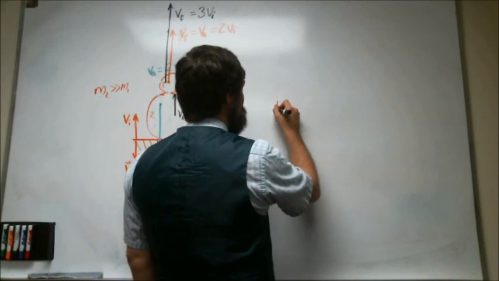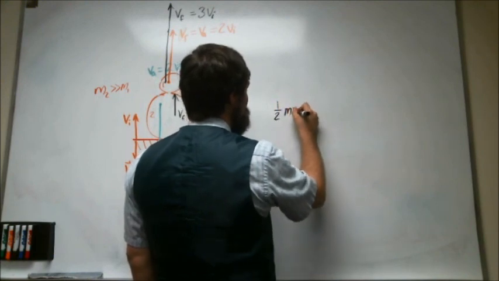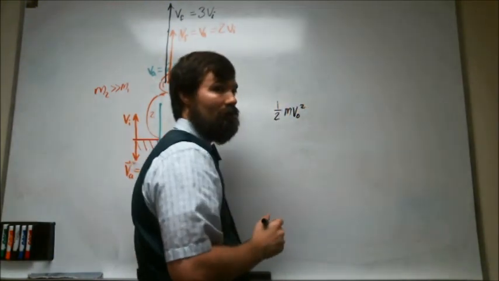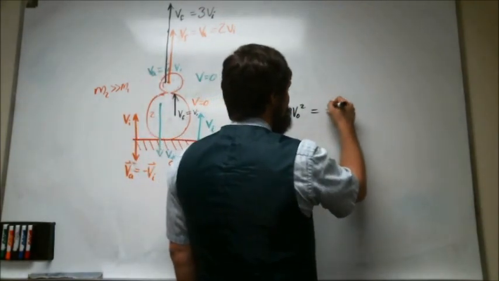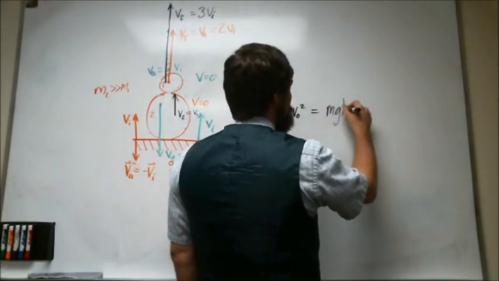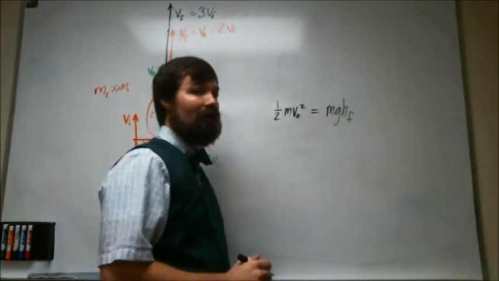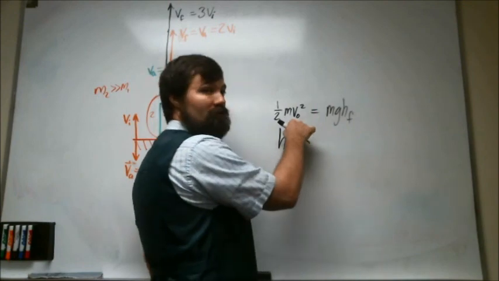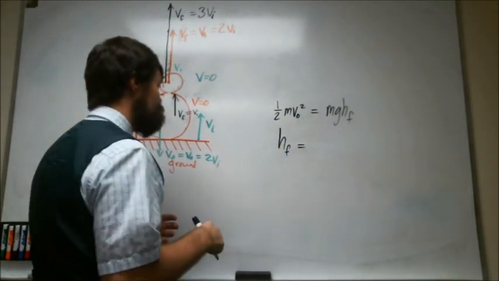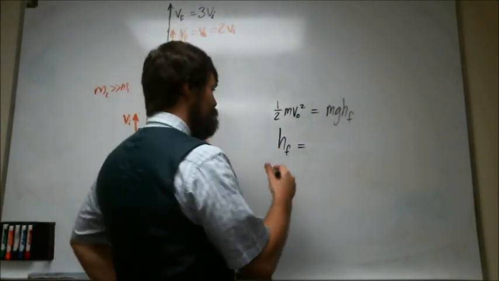So what that looks like is 1/2 mv, whatever the initial speed is, squared is going to be equal to mgh final, whatever the final height is. So the final height can be determined in terms of whatever the initial speed after bouncing was.